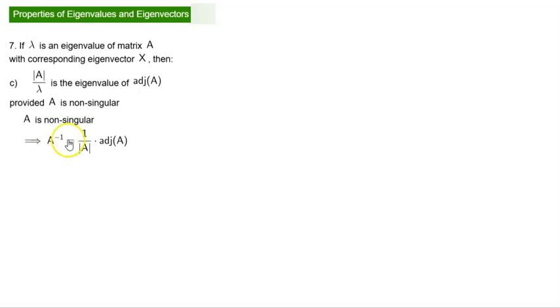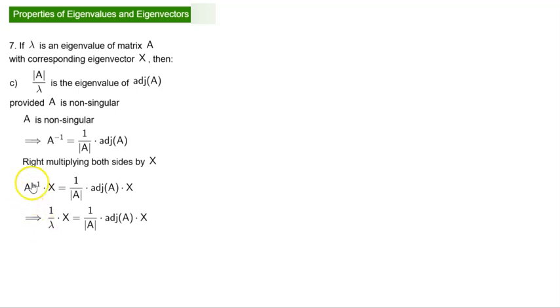And we know A inverse can be evaluated using the formula 1 by determinant of A times adjoint of A. Right multiplying both sides by x, we get A inverse times x is equal to 1 by determinant of A times adjoint of A times x, which implies, remember, A inverse x is equal to 1 by lambda times x.